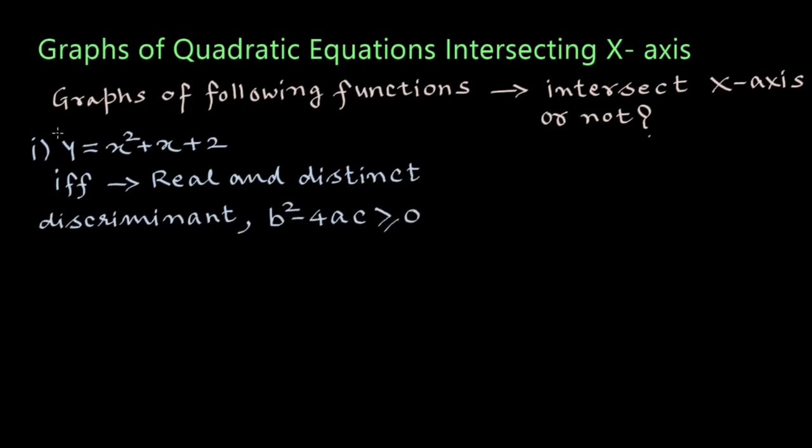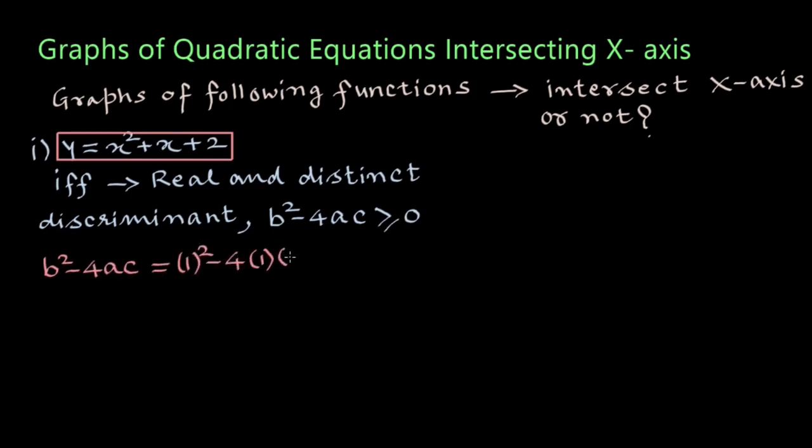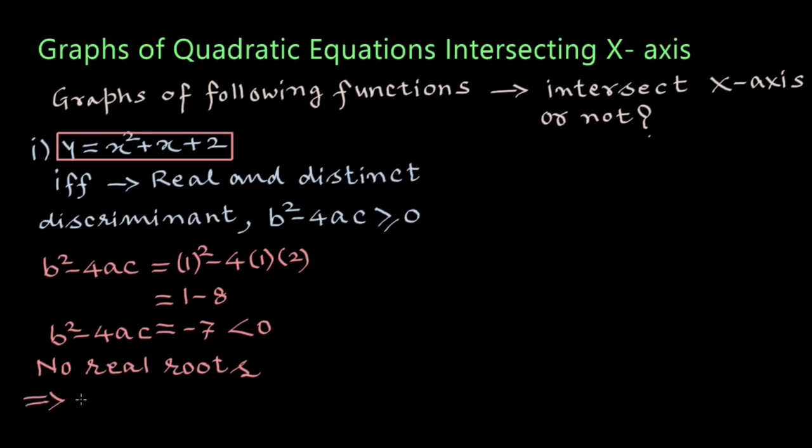For this function, b² − 4ac is 1² − 4 × 1 × 2, that is 1 − 8, which is −7. Since the discriminant is negative, this quadratic function has no real roots. Obviously, the graph of this function will not intersect the x-axis.